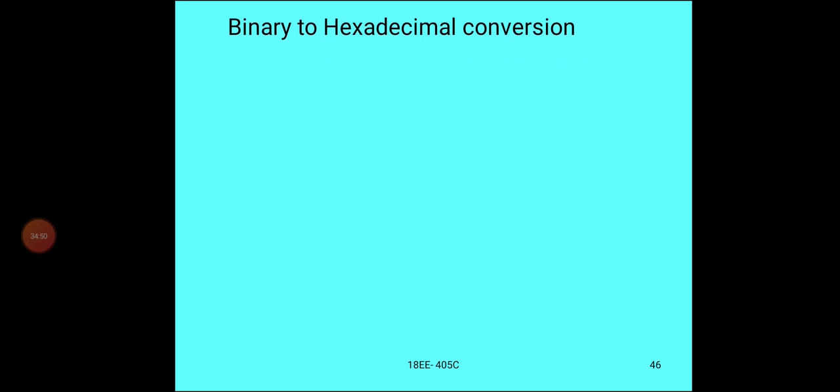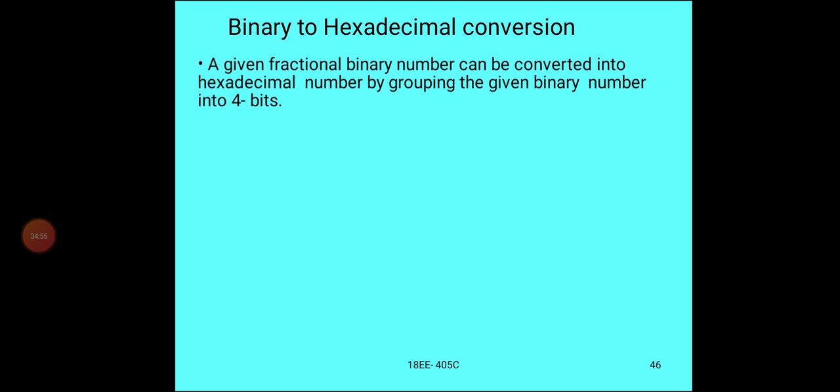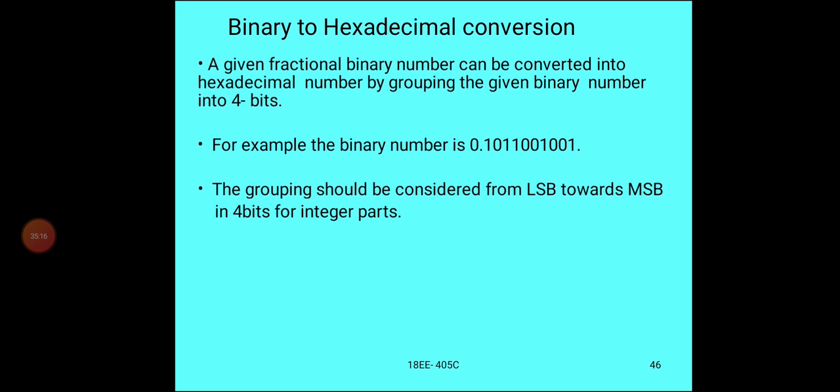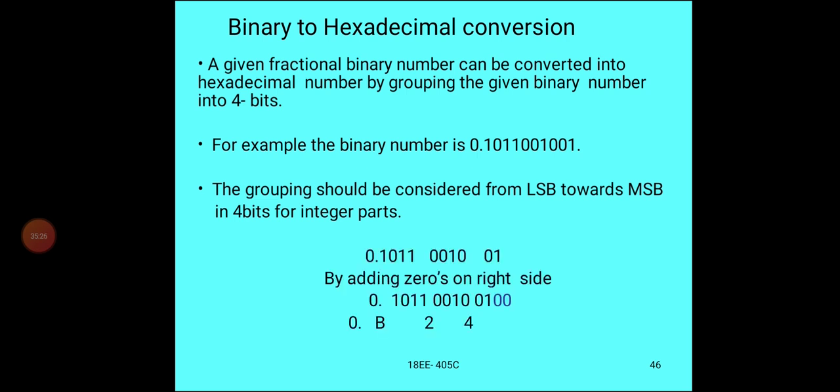Binary to hexadecimal conversion. A given fractional binary number can be converted into a hexadecimal number by grouping the given binary number into 4 bits. For example, the binary number is 0.1011001001. The grouping should be considered from LSB towards MSB in 4 bits for the integer part.